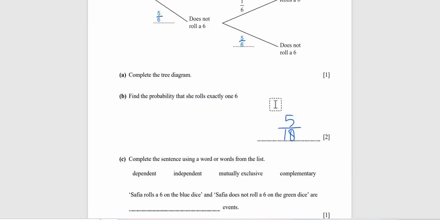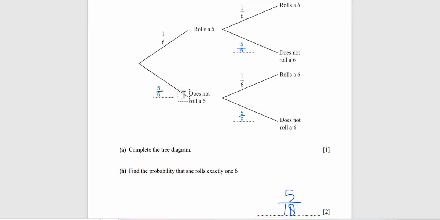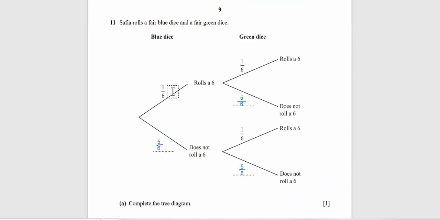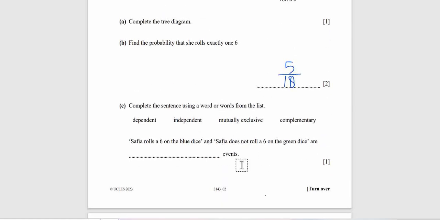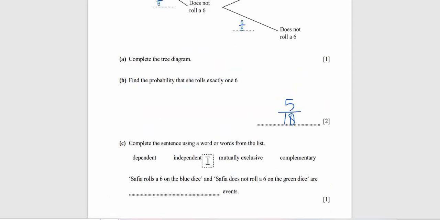Now in question C, complete the sentence using a word or words from the list. Safia rolls a 6 on a blue dice and Safia does not roll a 6 on green dice. So these are blank events: is it independent, dependent, mutually exclusive or complementary? 10 seconds from now.